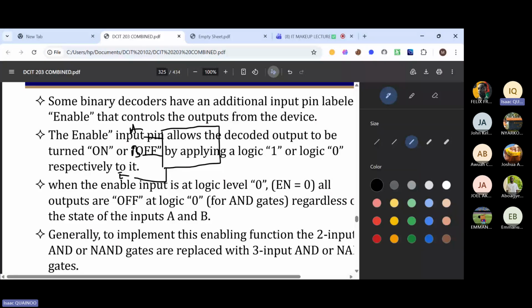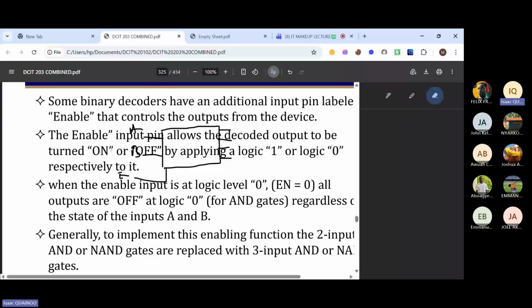That means if you give it input, it should be able to give you an output. But when the enabler is off, then the entire circuit is down, or in the off state. That means that even if you give it input, it is unable to return output. So the state of the enabler will determine the state of your entire circuit when applied.